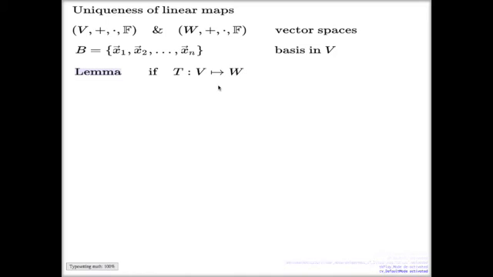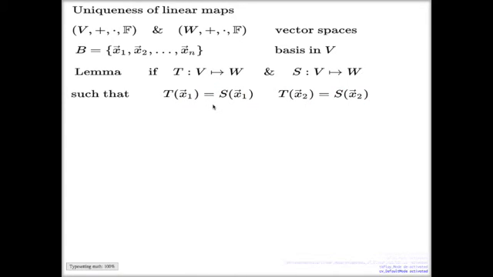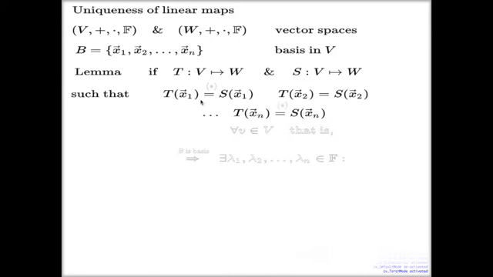If I have a linear map, or in fact, if I have two linear maps, T and S between V and W, such that these maps deliver the same values on elements of my basis, all n elements of my basis B, then my linear maps are identical everywhere.